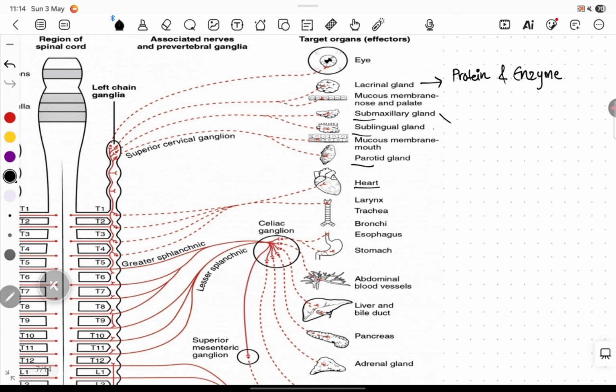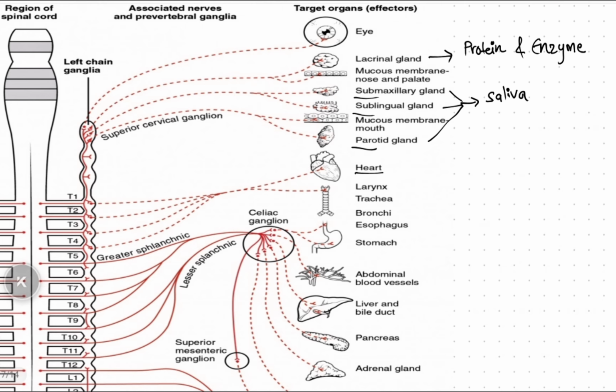So all these glands are responsible for production of saliva, and we do not need the production of saliva during the stress condition. So the level of saliva production is decreased, and the protein content and the thickness of saliva is increased.